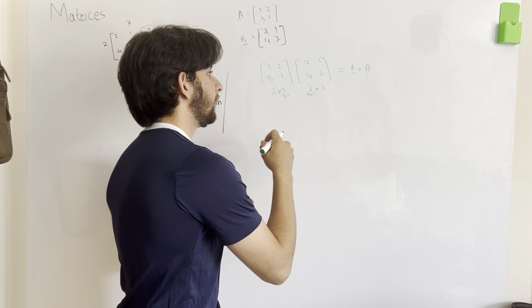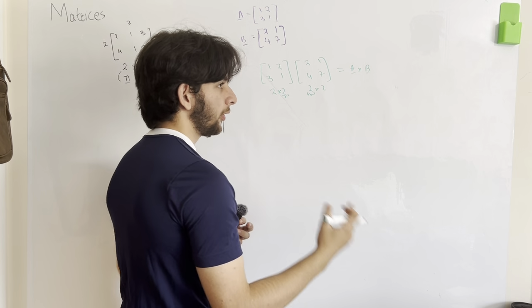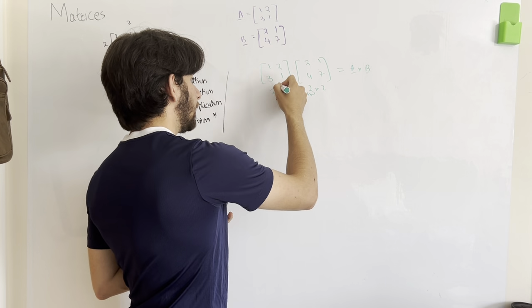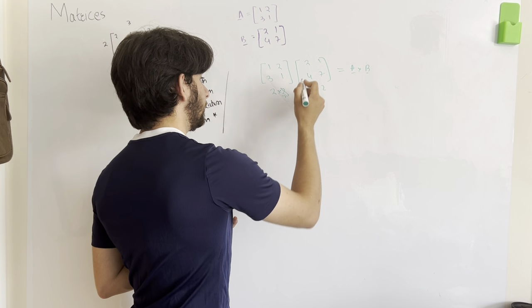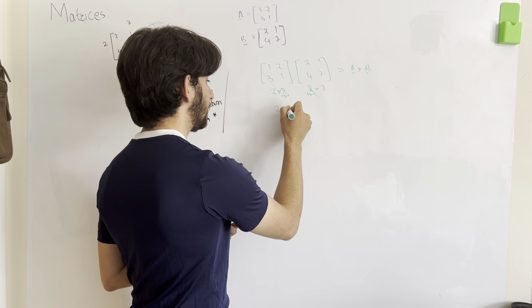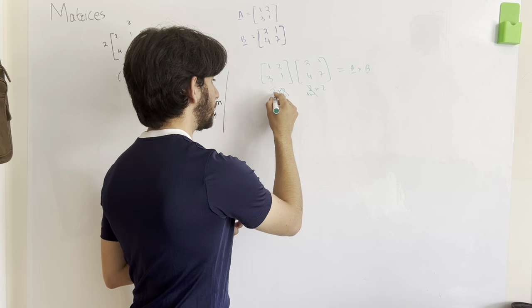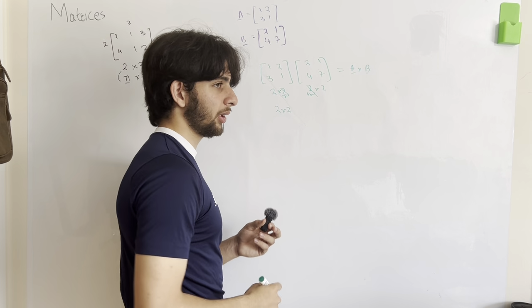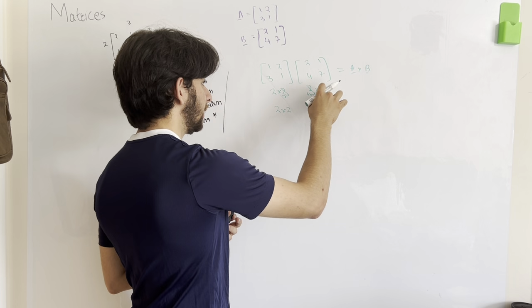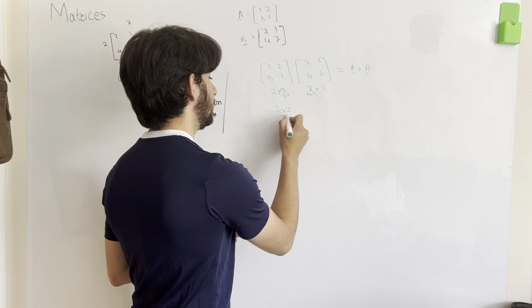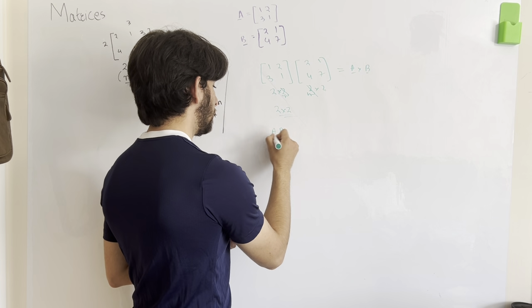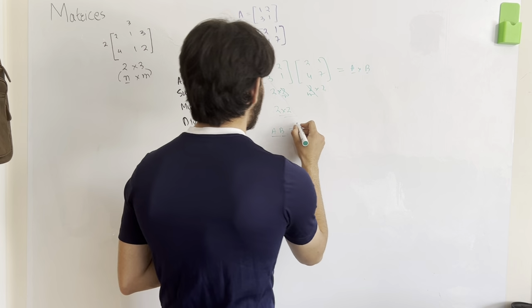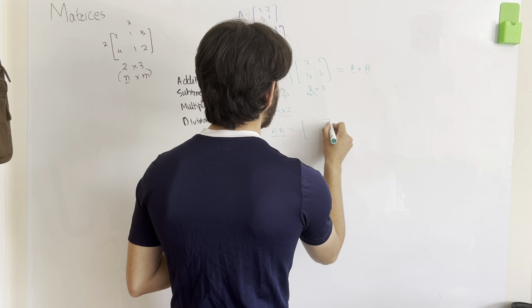To find out the dimensions of the resulting matrix, I can just remove these inner dimensions and the final will just be 2, which is on the outside, and another 2, which is on the right hand side. So the resulting matrix of A times B will be a 2 by 2.